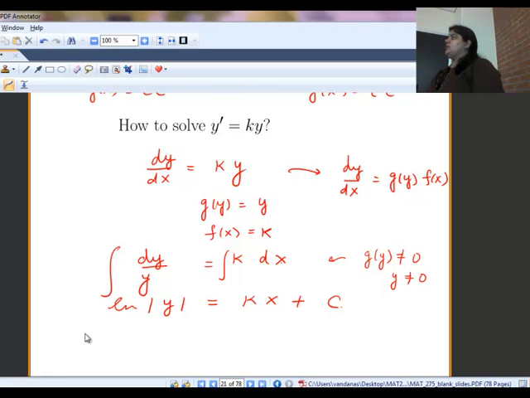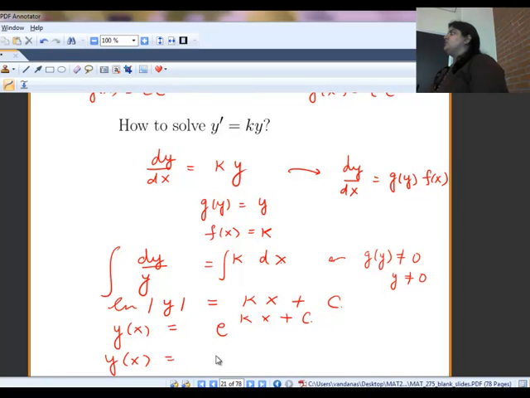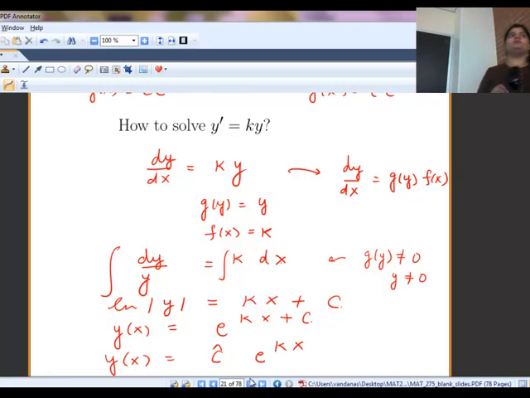Now exponentiating both sides, you will get y(x) equals e to the power kx plus c. Now I can say that y(x) equals c hat, or c tilde, whichever way I want to write it down, is a family of solutions of this problem. Now why is this correct?